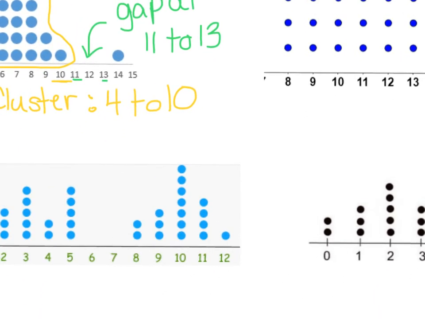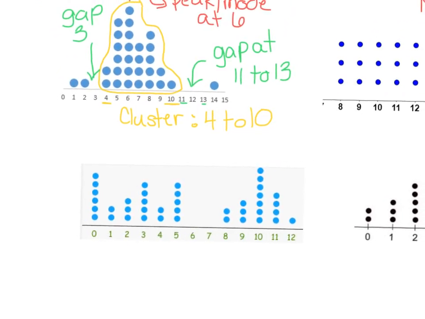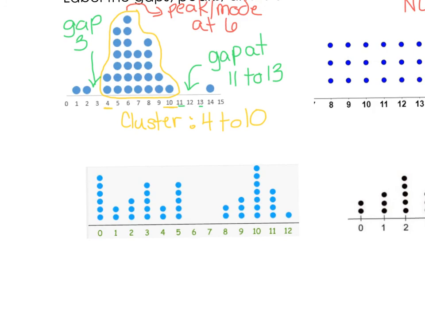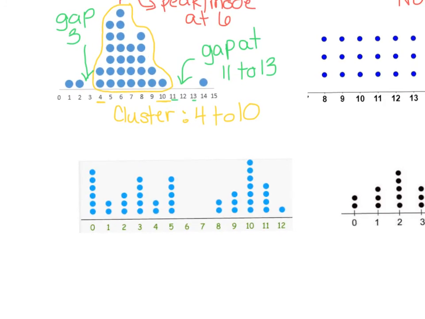Okay. Let's go ahead and let's look at this graph. And I see here that my highest point, this one kind of looks high, but I see one that looks a little bit higher. So here would be my peak, and it would also be known as my mode, which is at 10.